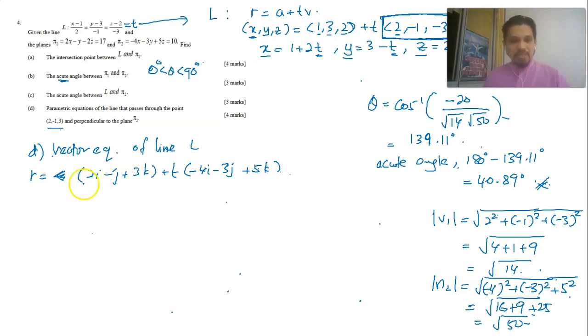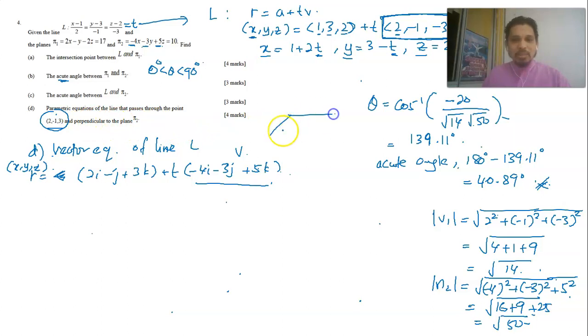Okay, so the parametric equation of this one, x, y, and z. The line is perpendicular to the plane pi 2, whose normal is -4, -3, and 5. So that's why we use this as our reference to form the vector equation of line L passing through the point and perpendicular to the plane.